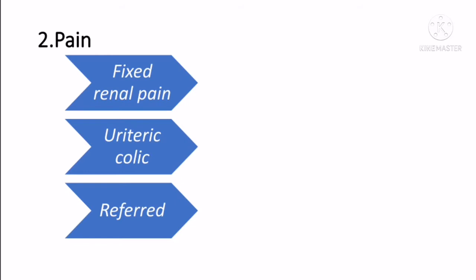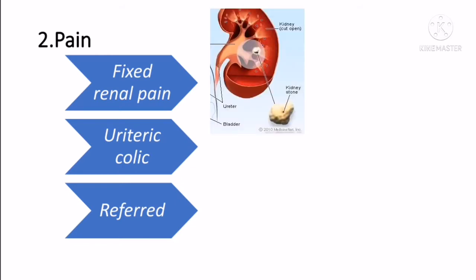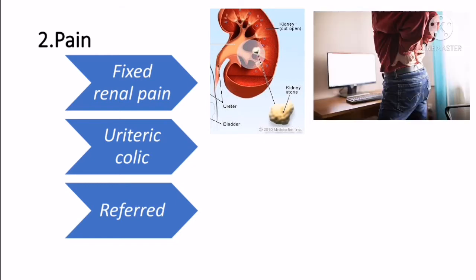Fixed renal pain: if the stone is obstructed or fixed at a point, at the calyx or uretero-pelvic junction, there will be pain in the flank region. The pain is a dull flank pain. The dull aching or boring type of pain is also experienced in the case of a big phosphate calculus.